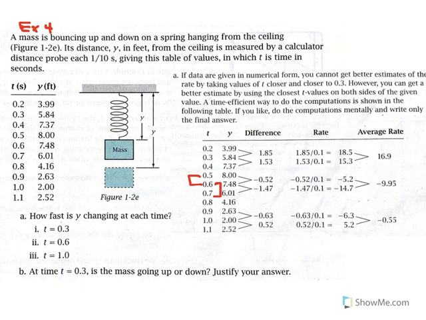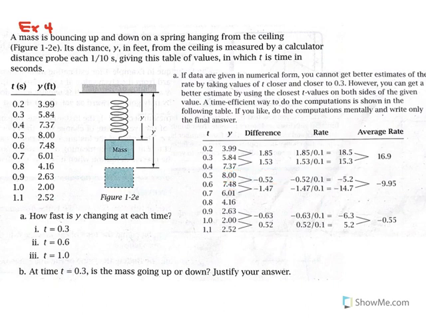So on the first time interval from 0.5 to 0.6 seconds, we calculate the change in distance by subtracting 7.84 minus 8.00. So there's been a change in distance of negative 0.52 feet.